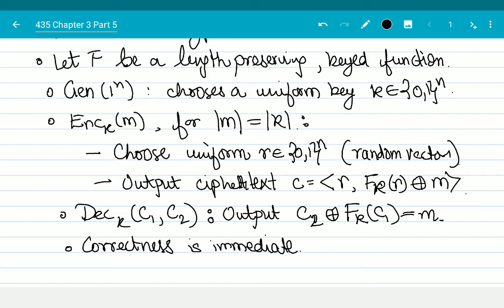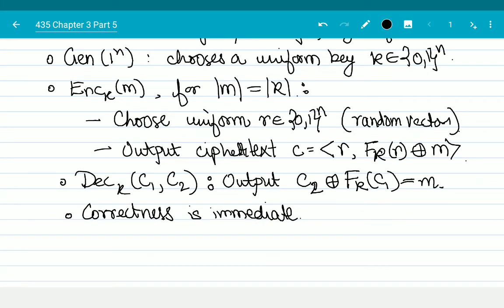The proof that it's actually secure, however, is slightly long and slightly complicated. So I will leave that for class after the exam. I won't do it right now. I'll just state the theorem.